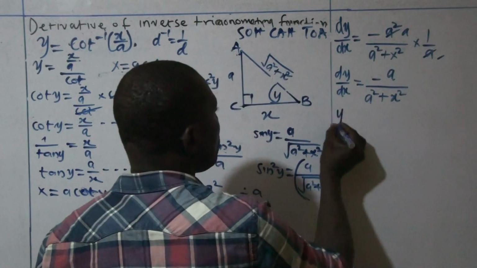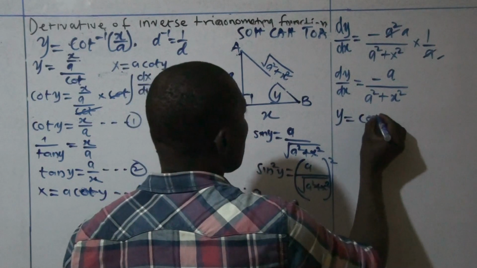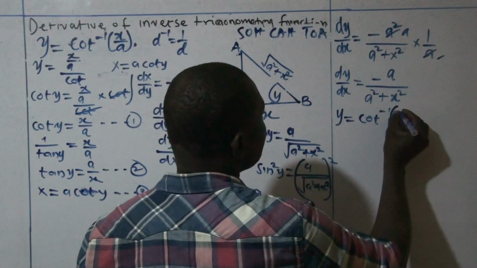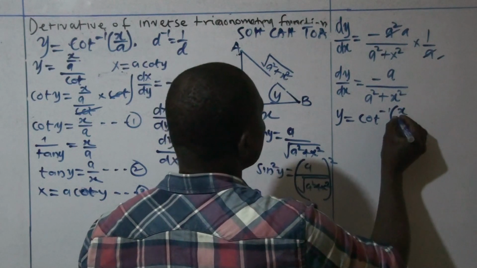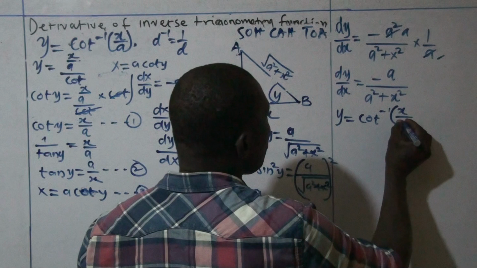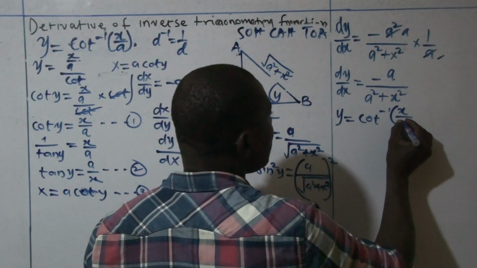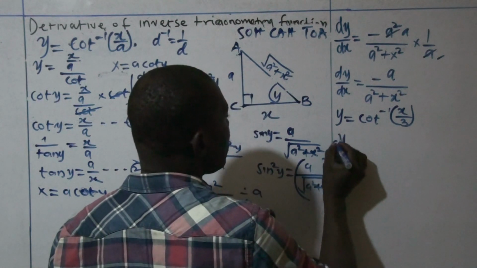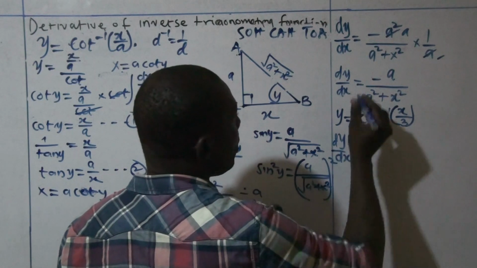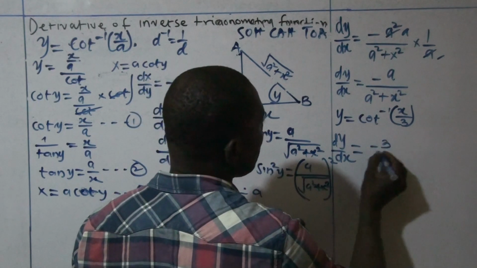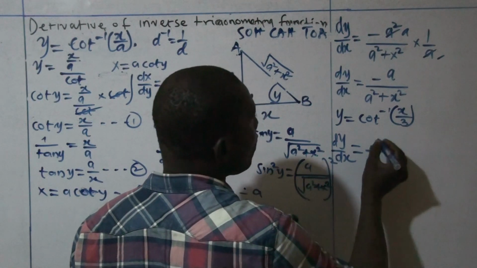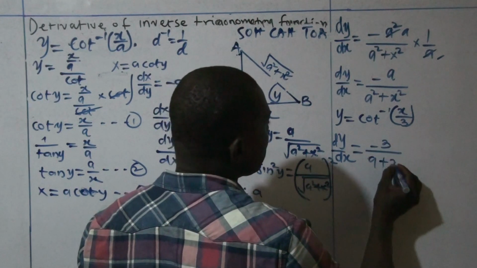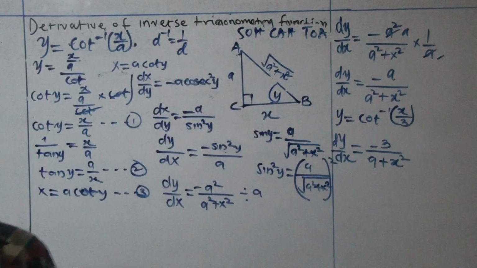Assuming we have a function y equal to cot inverse of x over 3, y prime, which is dy over dx, will become minus 3 divided by 9 plus x square. That is the derivative of cot inverse.